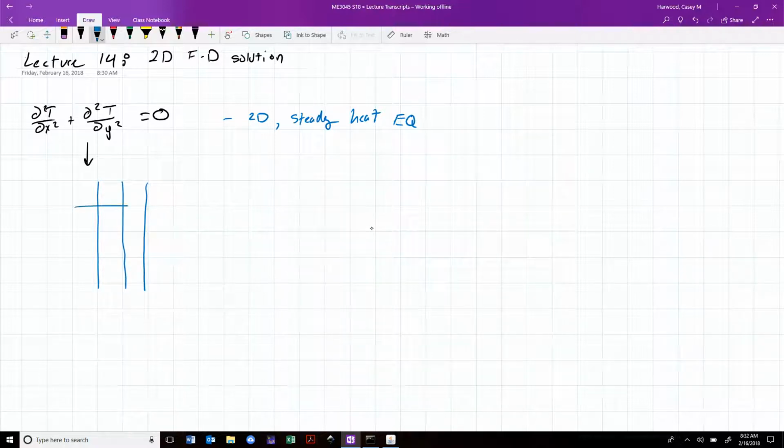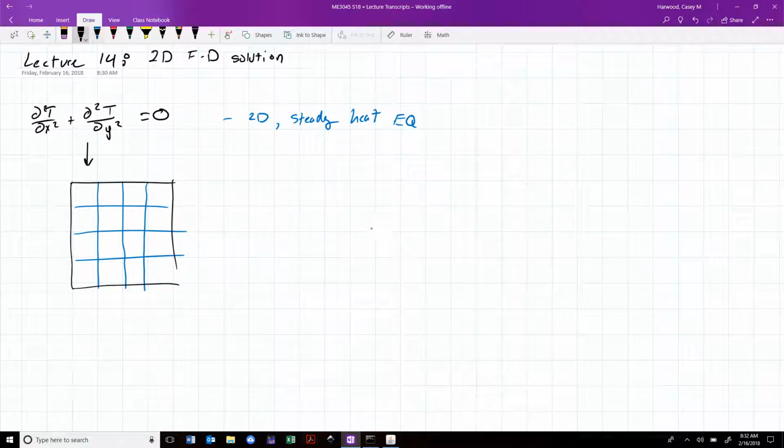Right, so the idea was we took our two-dimensional domain that we're trying to solve this equation on, we split it up into pieces, and we said, hey, at every intersection of one of these lines, we have what we call a node.